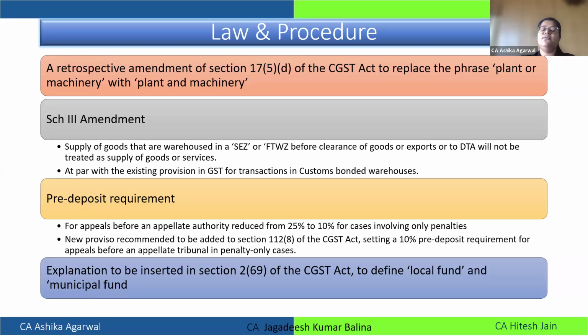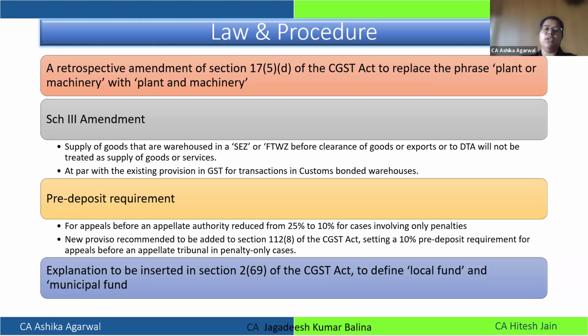And based on this phrase, the Supreme Court has given a judgment whereby it has given the view that ITC, even though used for own construction, can be made available if it is for further supply, not for office purpose, but for further supply, where there is a storage, suppose storehouse construction.